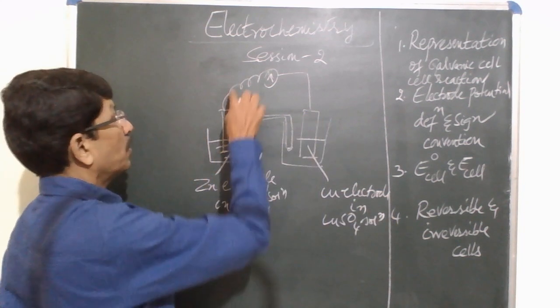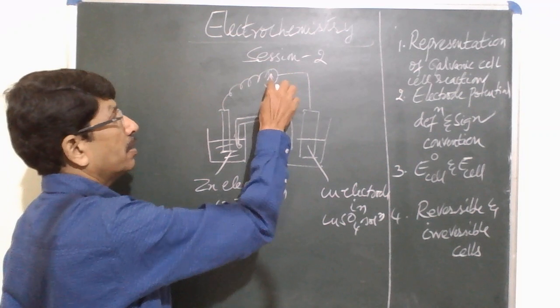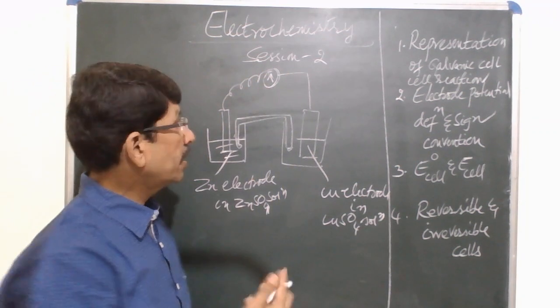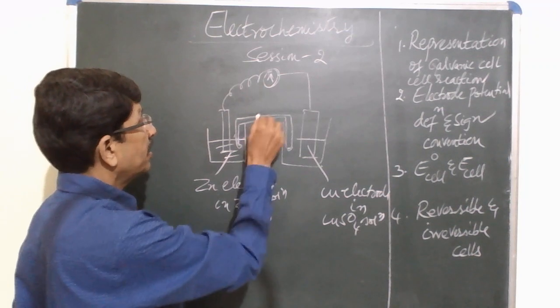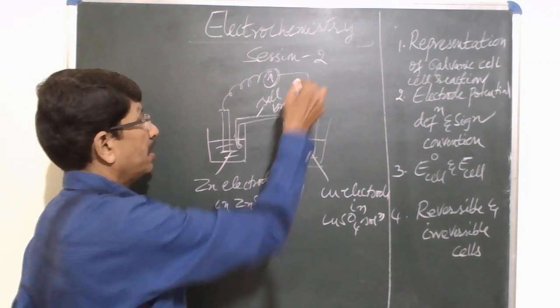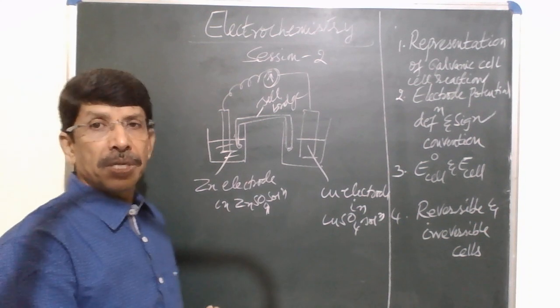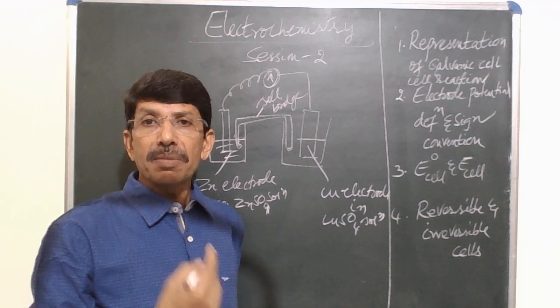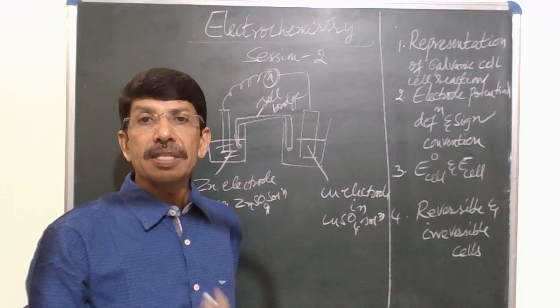Both these electrodes are connected externally by a wire, and these two wires are connected to a galvanometer, which measures the current flowing through the circuit. And this is the salt bridge. We will learn what a salt bridge is in later classes. The salt bridge is used to complete the circuit. So this is the diagrammatic representation of the Daniell cell.